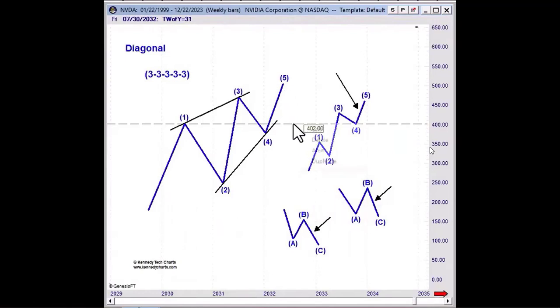So today's takeaways are, number 1, understanding the substructure. An ending diagonal is a 3, 3, 3, 3, 3 pattern, meaning each wave must subdivide into a zigzag, not a flat, never a flat. It says so in the book. Wave 1 is going to be a zigzag, as are waves 2, 3, 4, and 5. Number 2, overlap. You also want the right look.